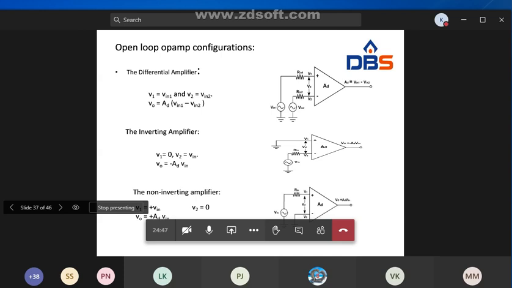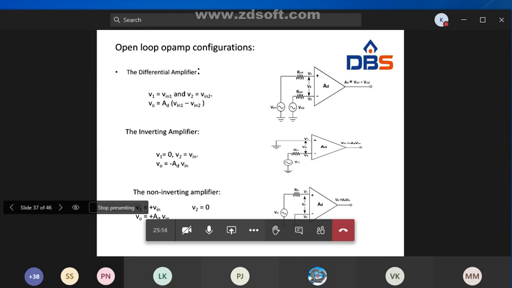See here, in the inverting amplifier, the input voltage is applied to the inverting terminal. So here Vin is applied to the inverting terminal. Here the minus sign indicates the inverting terminal. This plus sign indicates the non-inverting terminal, right? So op amp has two inputs, one is inverting and the second one is non-inverting.